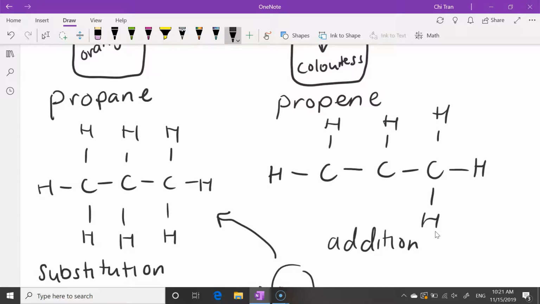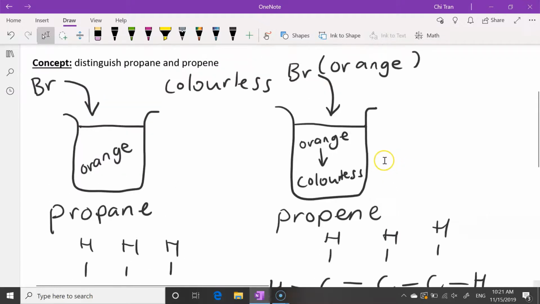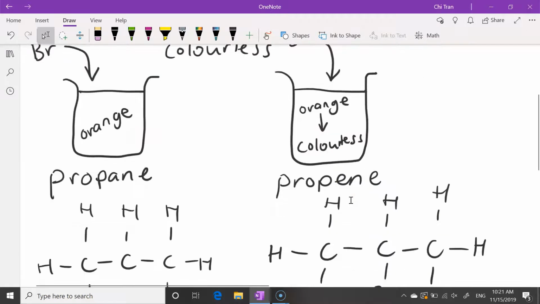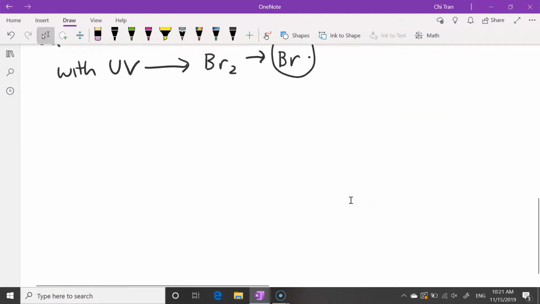So if it were to react with bromine, we would have a haloalkane. And a haloalkane is also colorless. So that makes sense in our observation, because once bromine is added, obviously it turns the solution orange, but slowly becomes colorless as the propene undergoes reaction with bromine to become haloalkane.